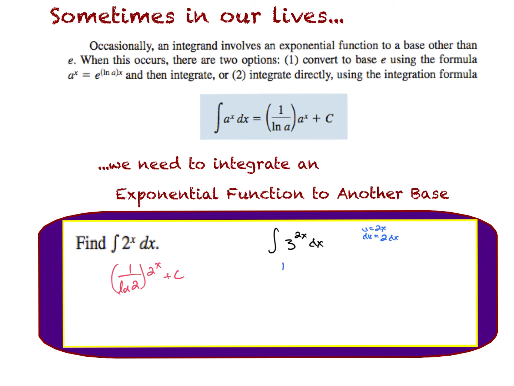A 1/2. So now I have a 1/2. And then I would have what on the bottom? Natural log of 3. And then what else? Wait. I want you to look at your note card. And then what else? And then I'd have 3 to the 2x, and then plus c. All right. Pretty good? All right.